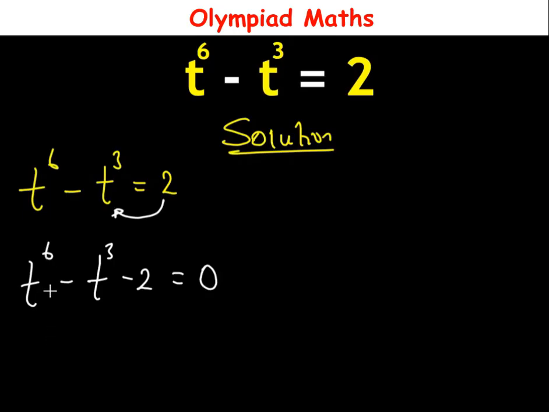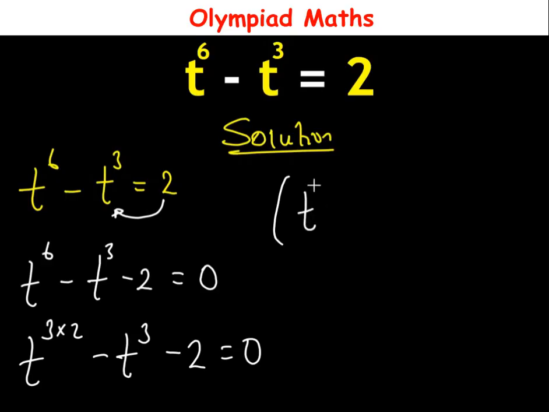And from here, we can write 6 as 3 times 2. So t raised to power 3 times 2, then minus t raised to power 3, then minus 2 is equal to 0. With this, we can write this in bracket as t raised to power 3 whole power of 2 minus t raised to power 3 minus 2 is equal to 0.